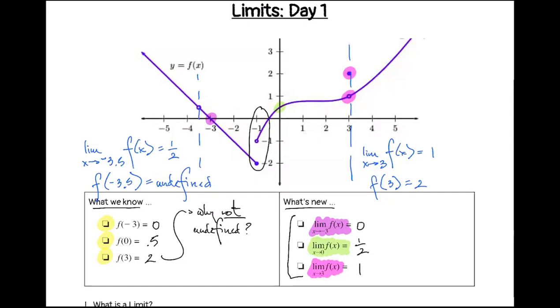And so when we look at these numbers, we really want to keep in mind that the numbers represent the y value that the graph is getting really close to, okay?